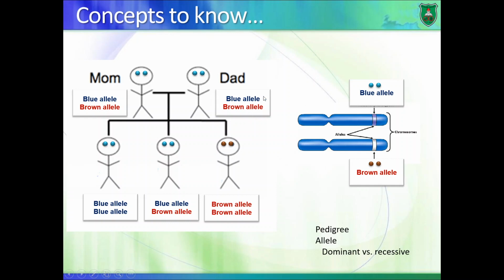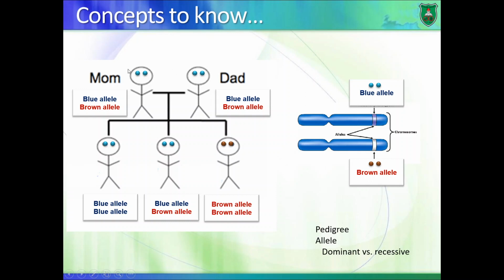And let's say that the blue allele is dominant. Remember the concept of dominance, سائد ومتنحي. So the blue eye color allele is dominant over the brown eye color allele, okay? This is imaginary, this is all hypothetical. Now the color of the eyes of the dad would be blue.